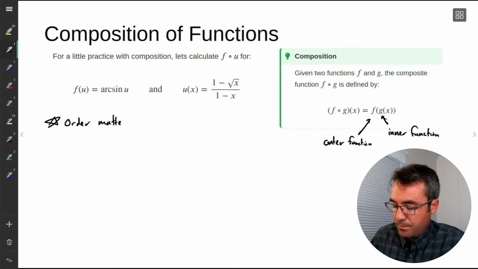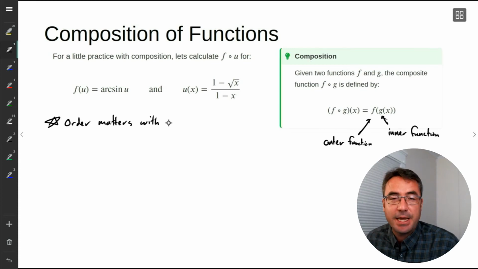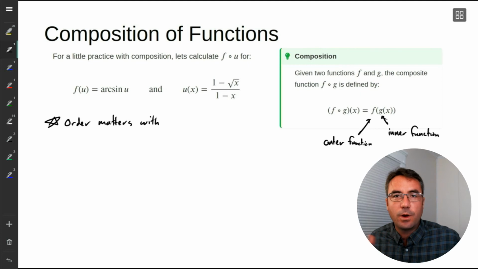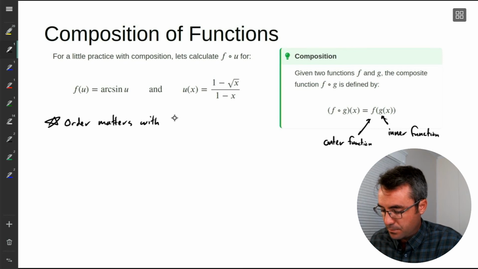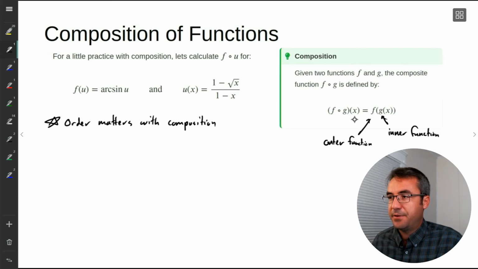We're maybe used to addition and multiplication where it doesn't really matter what order you do things in, but with composition, the order actually does matter. So in this definition, f composed with g, g happens first, then f happens second, in that specific order.